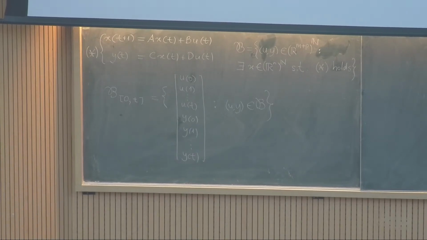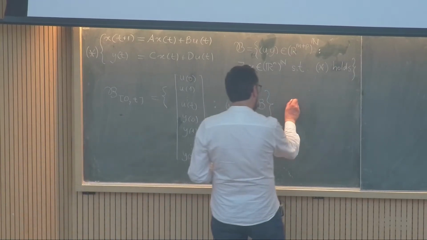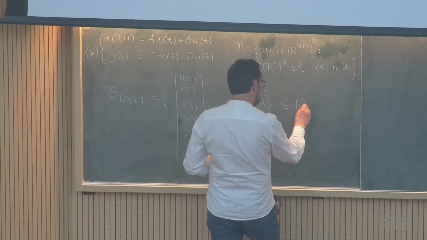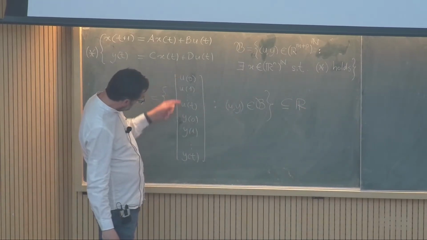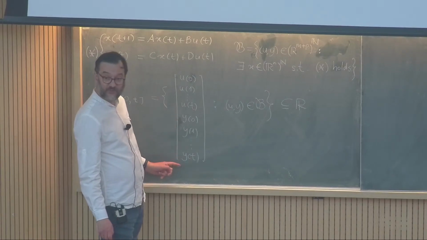So basically, we have the collection of all input-output trajectories, and then we have a time window, and we look at restrictions of trajectories on that given time window, and that gives us the restricted behavior. And this is going to be in R to the power, t plus 1 u's, t plus 1 y's.